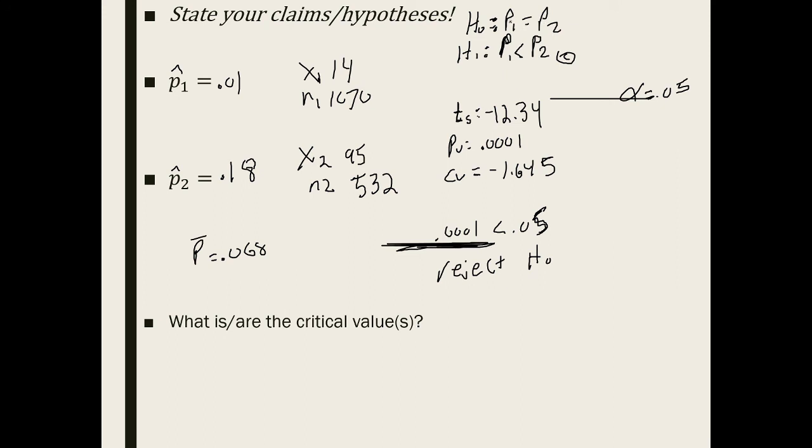So if P1 was actually equal to P2, if there was no difference, then the chance that I had this outcome occur is less than 1%. And that's a very rare chance of happening. So what's more likely is that this is not true, and that this is more true. This is more likely. So we would support my claim in this case. We would support the claim.